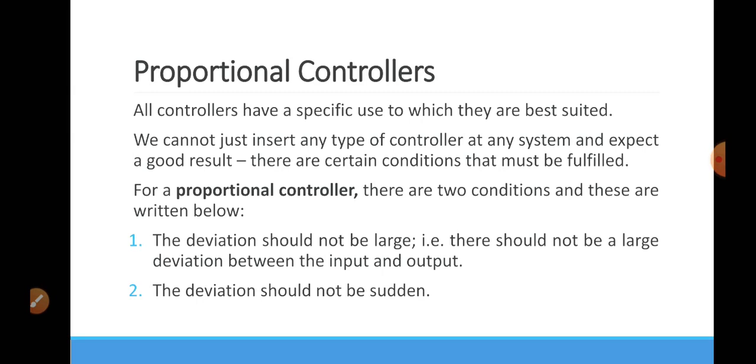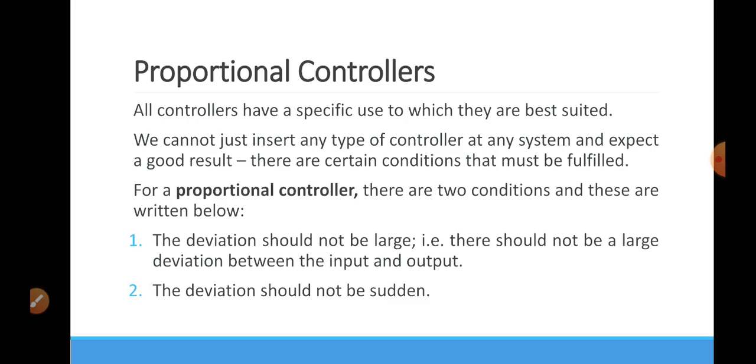The second condition is that the deviation should not be sudden. As soon as you start the system, or at any time, if the deviation shifts by a large number, it is also not possible for this proportional controller. So we have to keep these two conditions in mind and use the proportional controller by considering them.